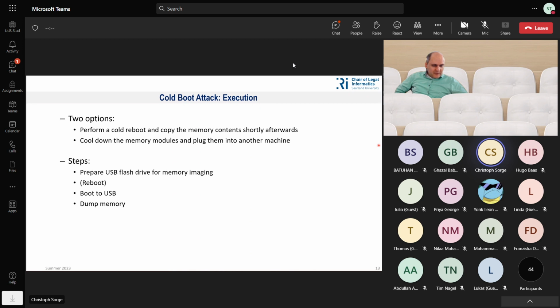Of course, an operating system is also a computer program that is executed within the main memory. So some of the memory content will definitely be overwritten when you reboot. That's why you always try to use a minimal system that basically only has enough capabilities to copy memory content. So you will not normally lose a lot of data for that reason, but you might lose some of the data from main memory.